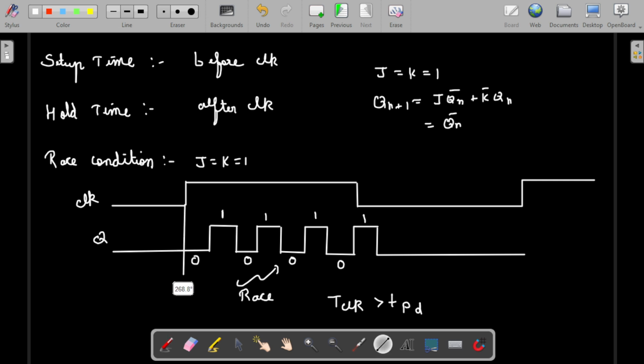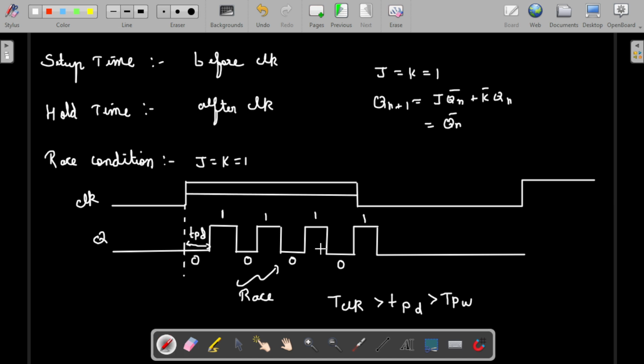Okay, so this is the propagation delay, TPD. Then propagation delay is also much greater than TWP. TWP is the total duration of the clock in on condition.